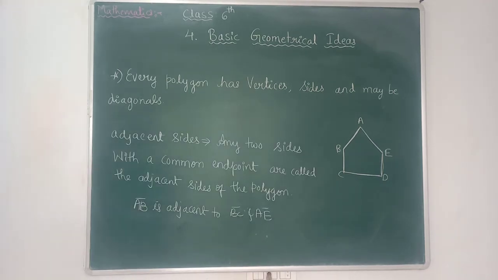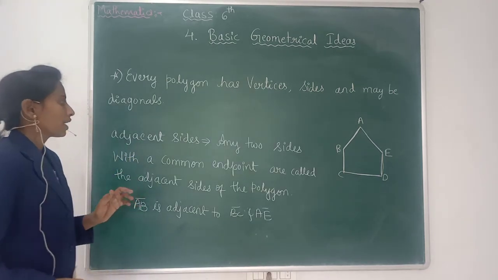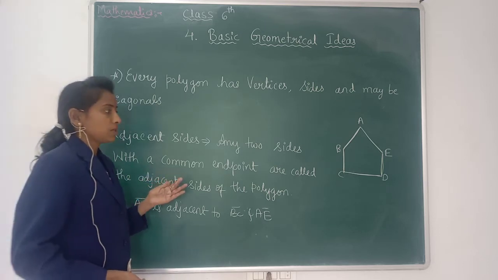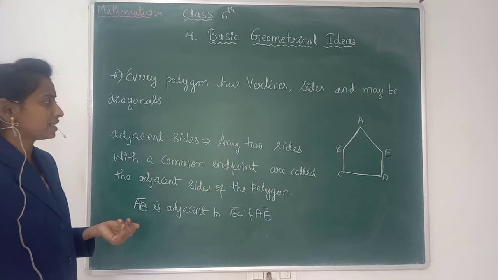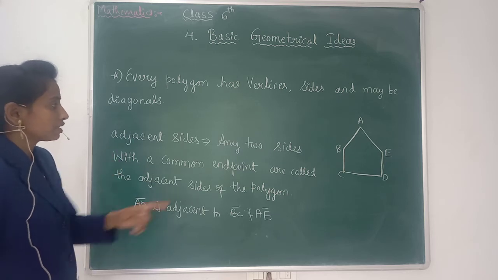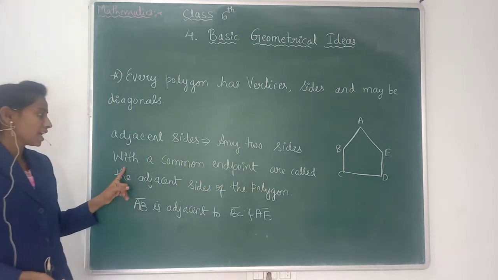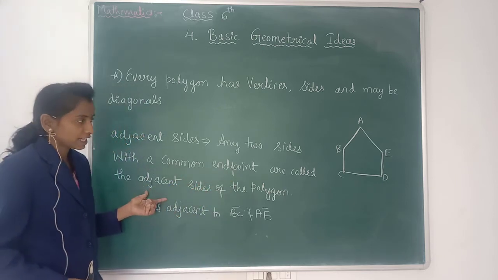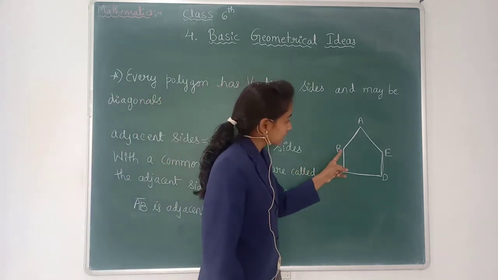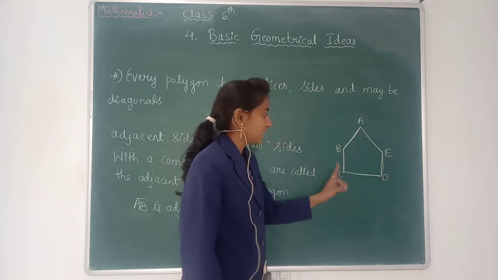Next we have adjacent sides. We have discussed the sides AB, BC, CD, DE, AE. These are called the sides. Adjacent sides means any two sides with a common end point are called adjacent sides. Consider this BC side and CD side.